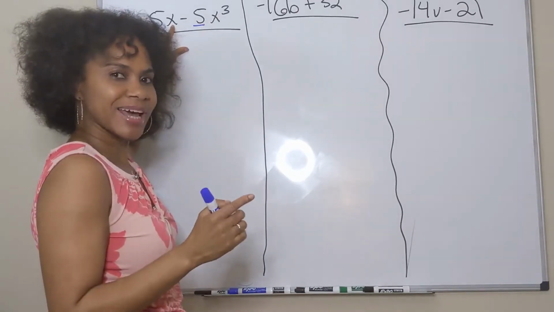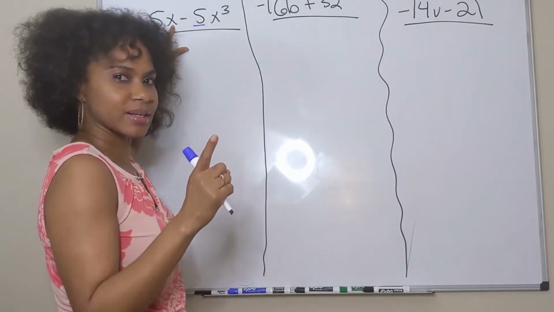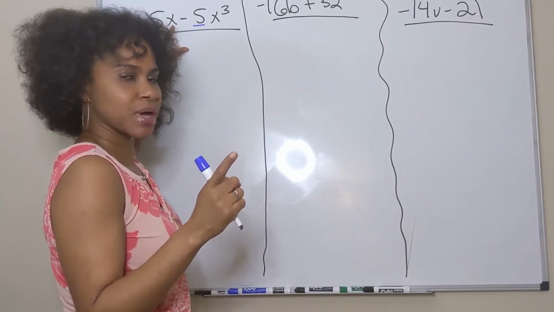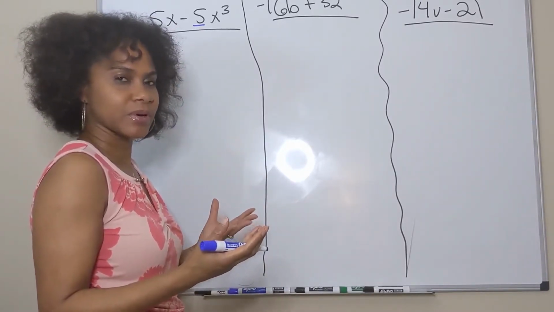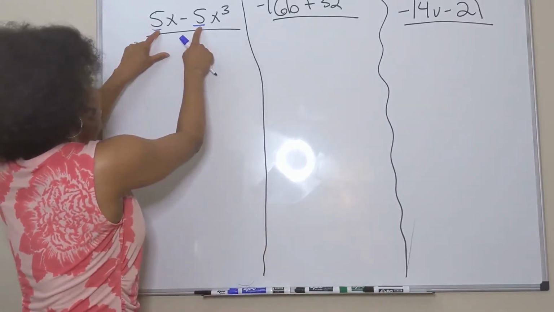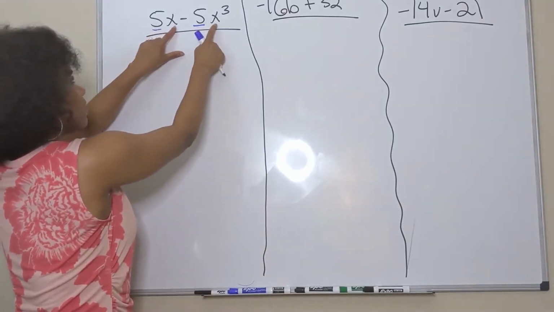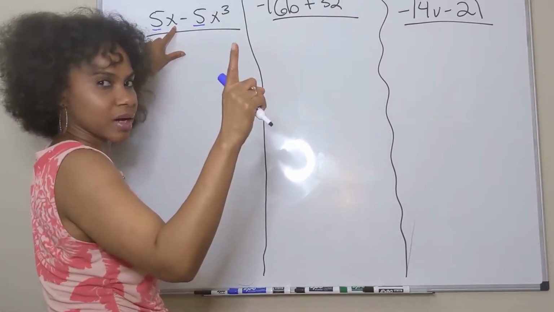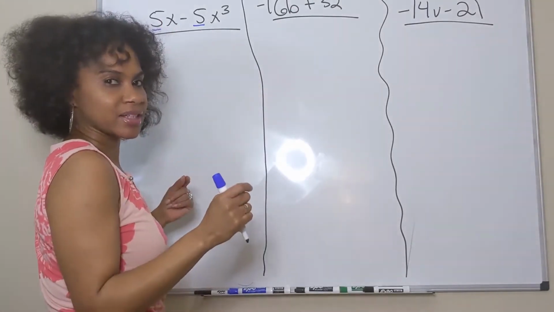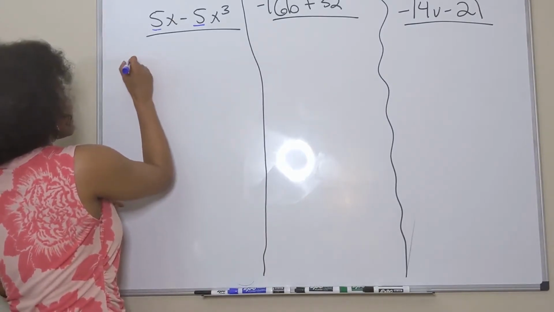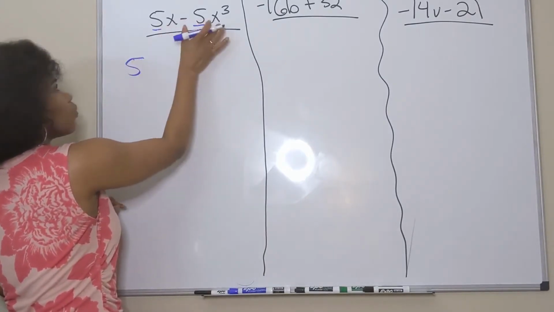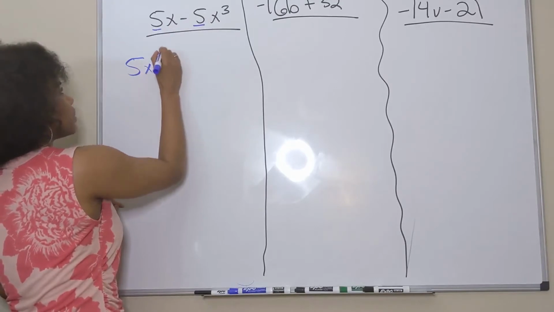Each of these terms has at least one x in common. What I like to do is take out the lowest exponent with the same variable. So they have a factor of 5, and they both have at least one x in common. Basically you're pulling out that smaller exponent. So I'm going to factor out a 5 and take one x from each one.